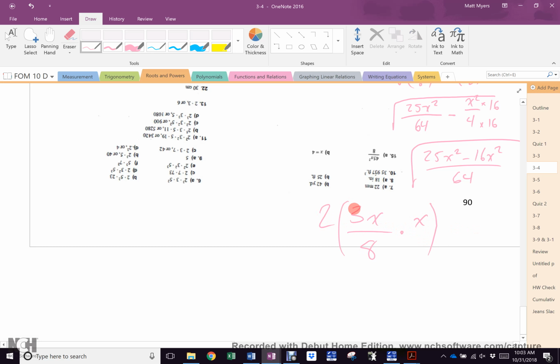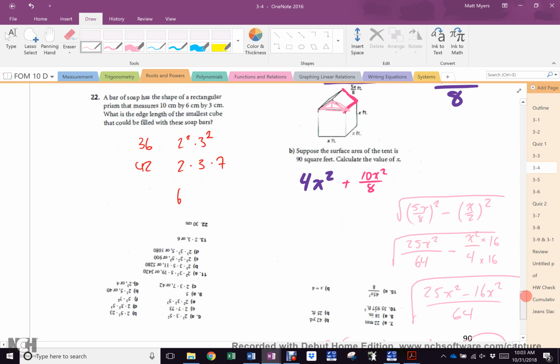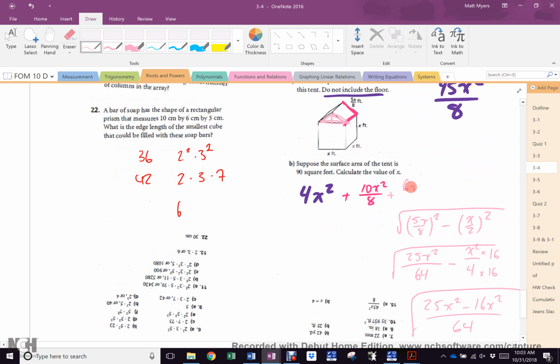What's 2 times 3? 6x times x. 6x squared over? No, that's 2 over 1, just 8. So that is the 2 triangles, correct? Together. So I need to add that right here. Is everybody cool?